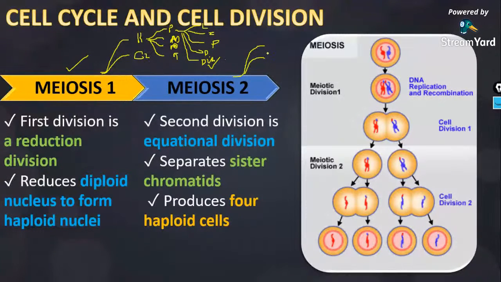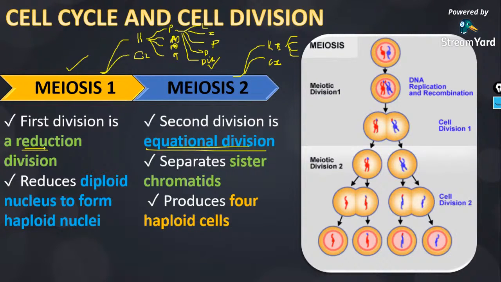In the case of meiosis 2, it has karyokinesis 2 and cytokinesis 2. Karyokinesis 2 has four stages: prophase 2, metaphase 2, anaphase 2, and telophase 2. Meiosis 2 is known as the equational division, that is, it is almost equal to mitosis. The first division is the reduction division.